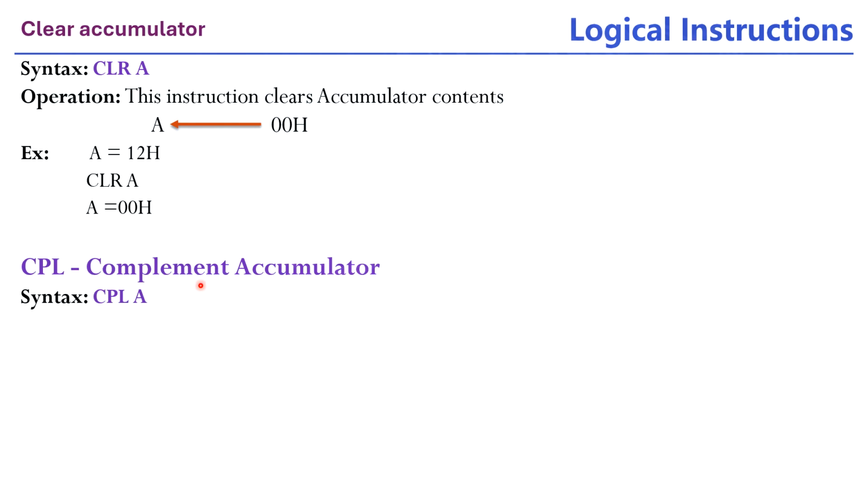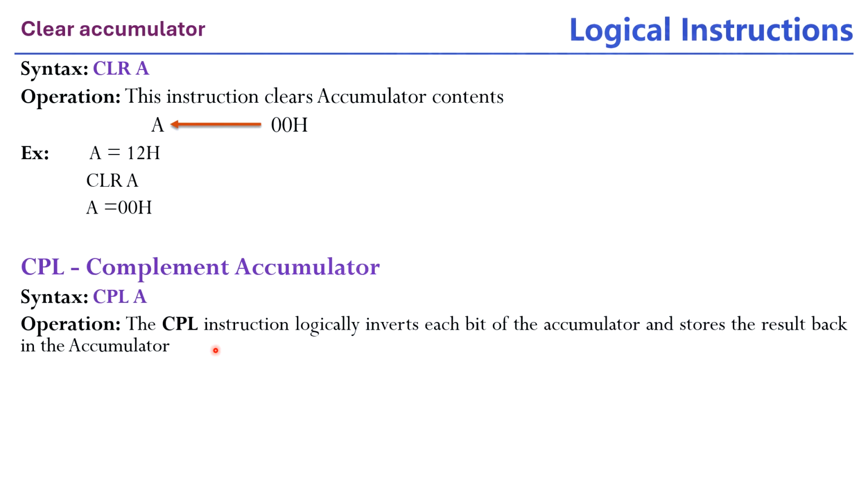Complement accumulator, syntax CPL A. Operation: the CPL instruction logically inverts each bit of the accumulator and stores the result back in the accumulator, right? You see here we can use this sign for the NOT purpose, right? So the result will come in the accumulator.